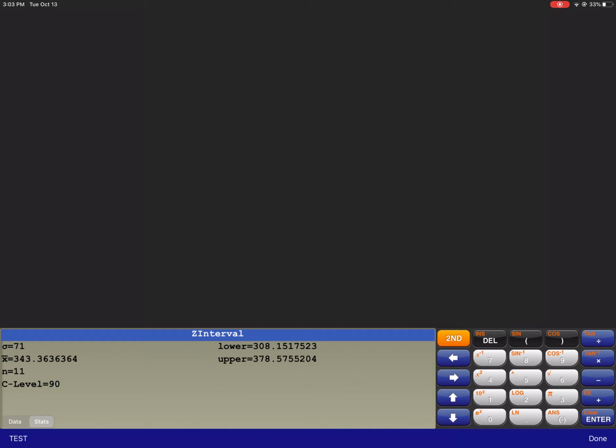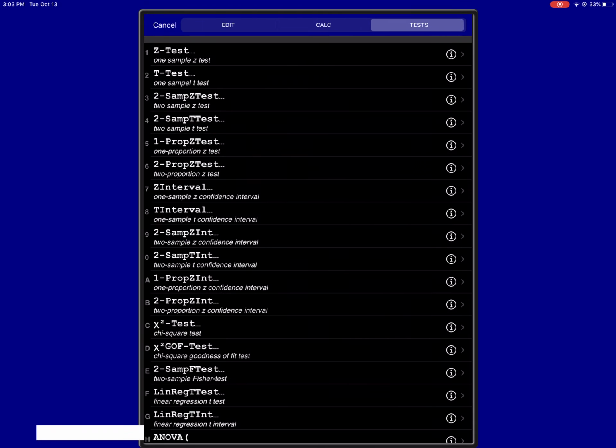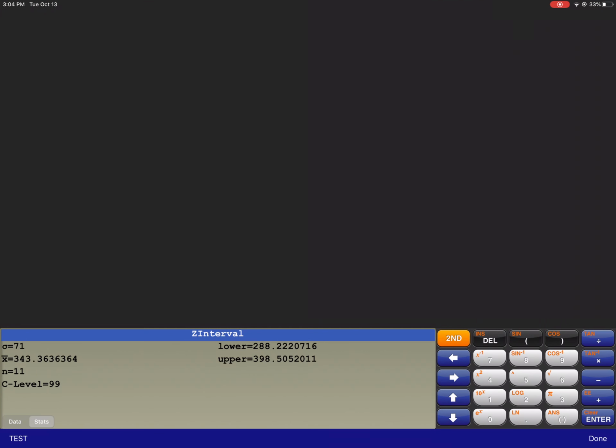Let's try a 99 confidence interval. Okay, so there was a big change. I think it's backwards of what I said earlier. Notice on the 99% confidence interval, this is a huge interval that we've got now.